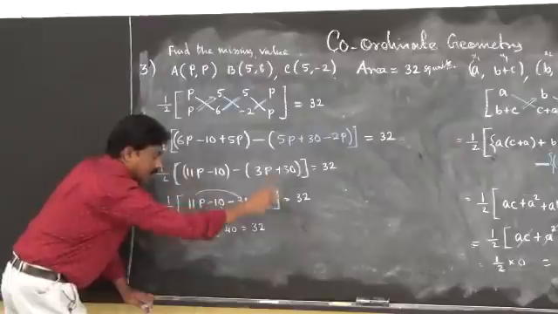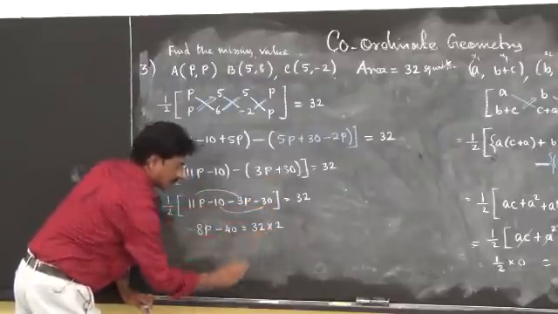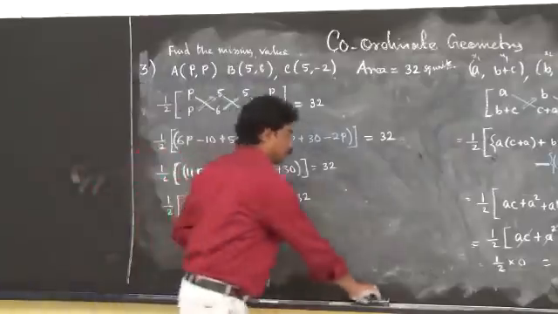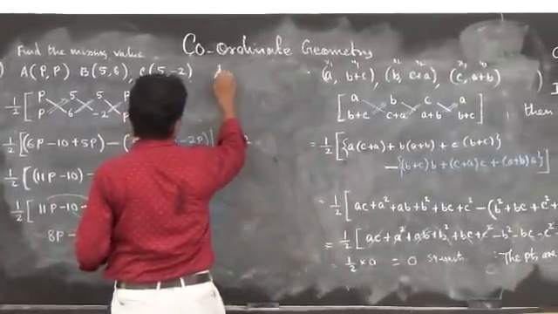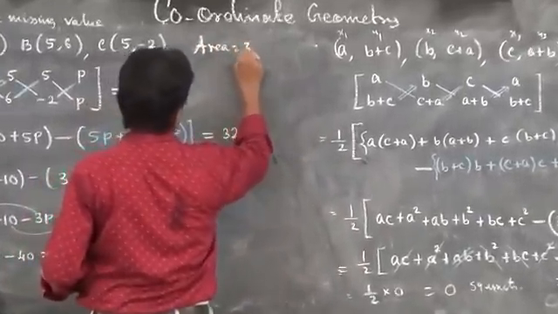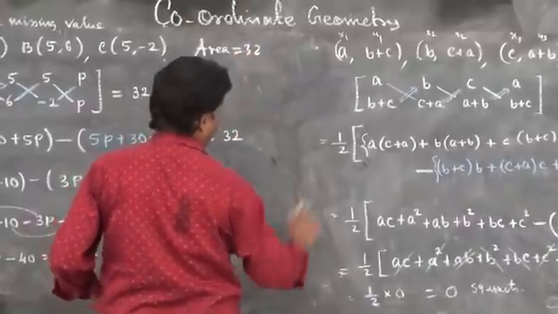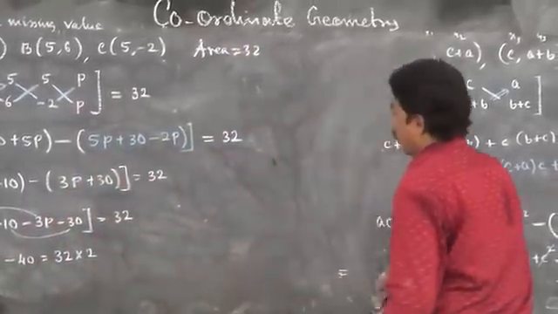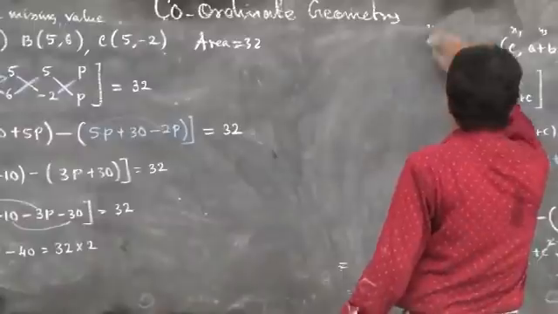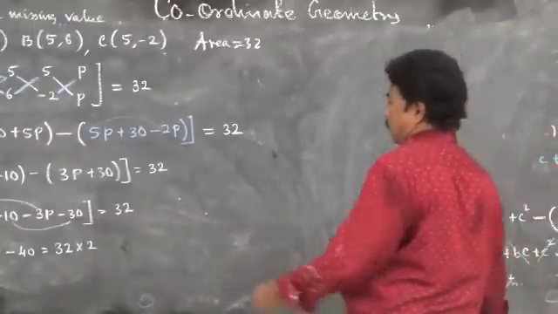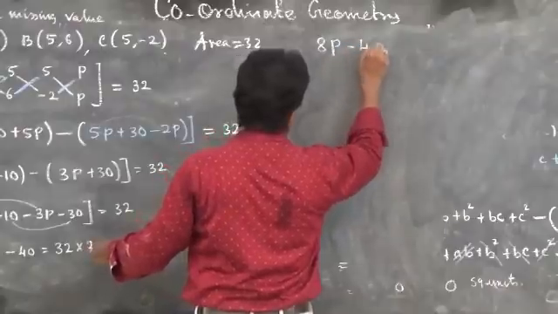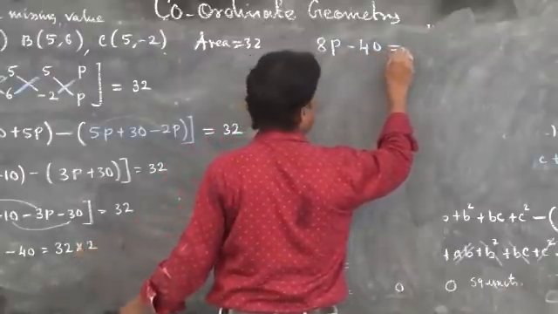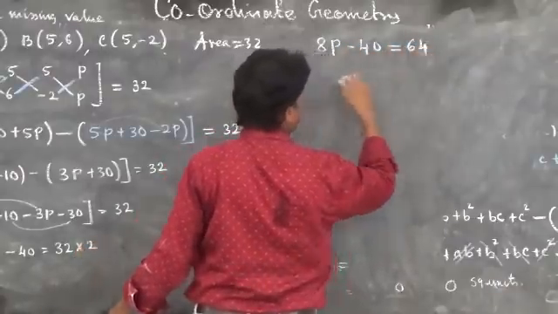This 2 goes that side, it becomes multiplication. So 8P minus 40 is equal to 32 into 2, which is 64. Transposition.